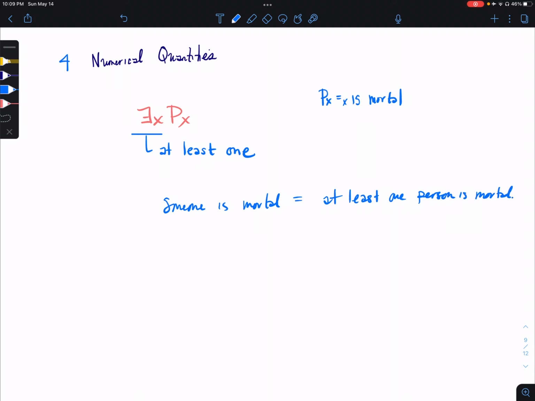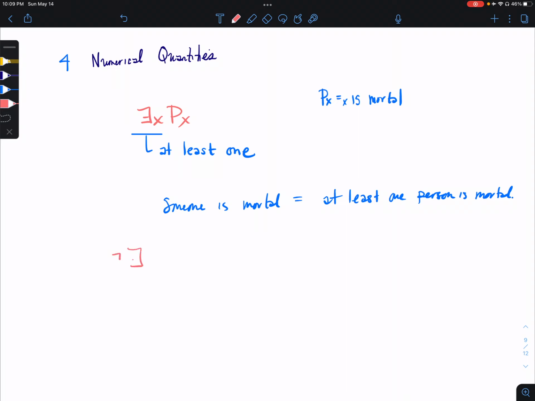That's kind of a weird thing to say in natural language. If you ask for some of the fries and someone gives you one, that's not what you meant. But our logical language is precise. At least one is precise. Here are some other things we can say numerically and be precise.